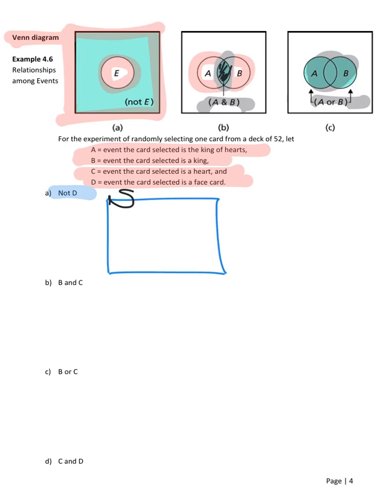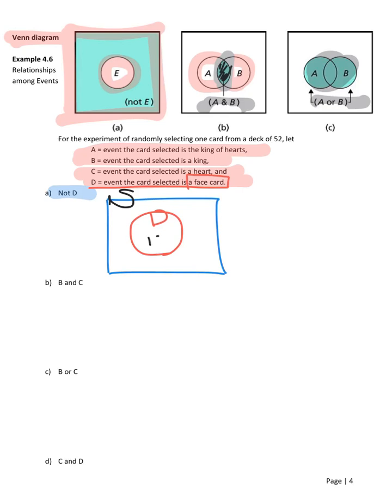Now, here's the event of D. Who was D? Face card. So how many outcomes in the circle D? That means how many face cards? 12, yes.